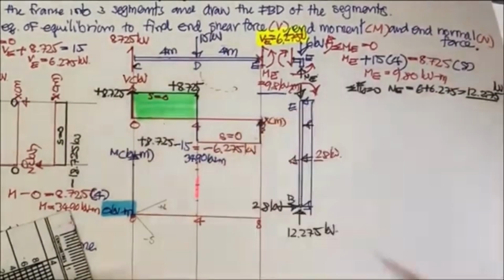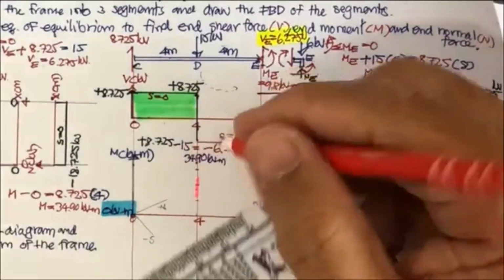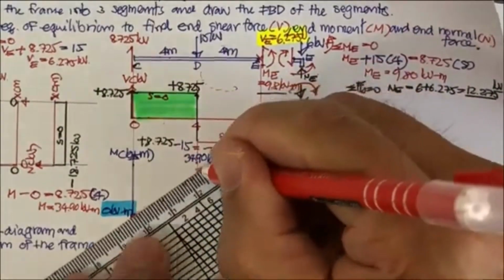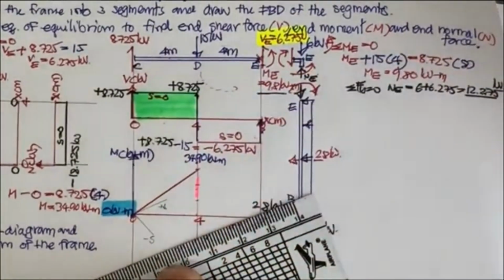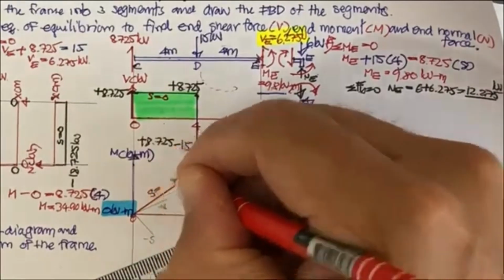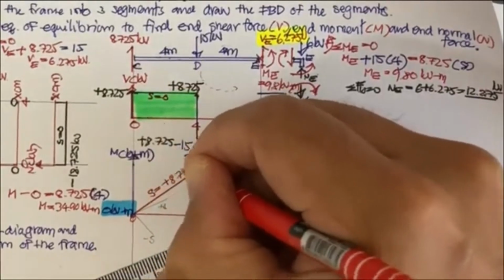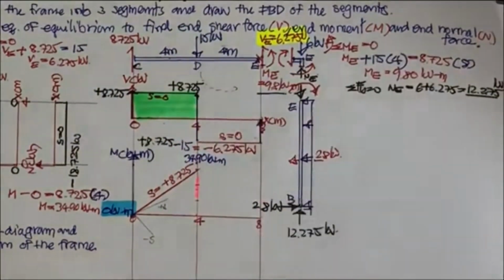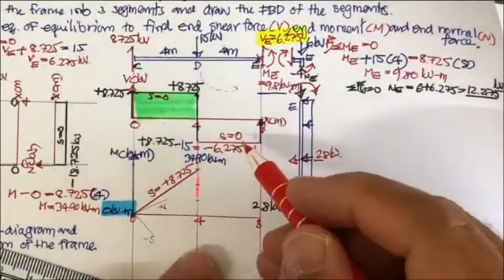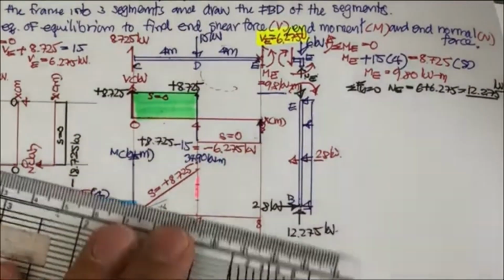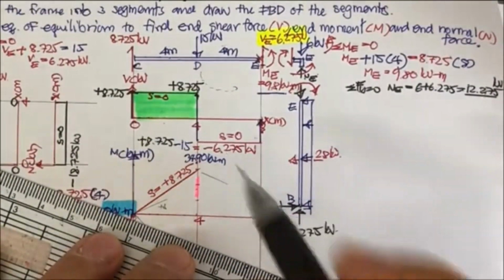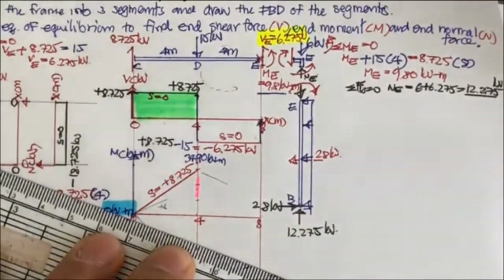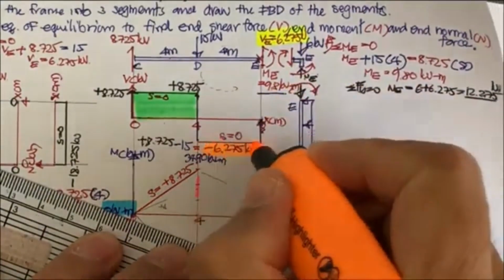The scaling tells you this is the line of the moment diagram, with the slope of plus 8.725. Then the slope changes to a negative value, minus 6.275. That's going to be the new slope.